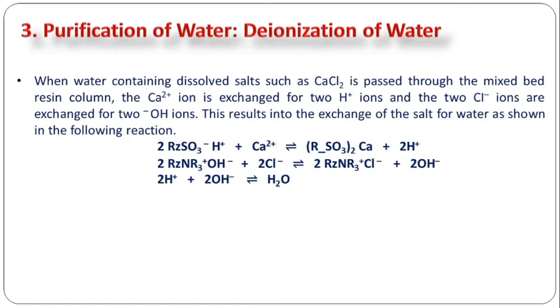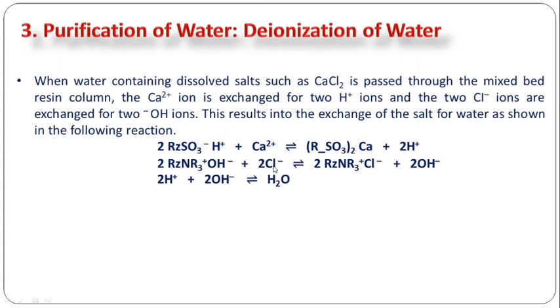So the resin sulfonic acid group contains H+ ions that are exchanged by the cations present in the solution. So H+ ions go into the solution, while the resin containing hydroxide ion exchanges the anions present in the solution.